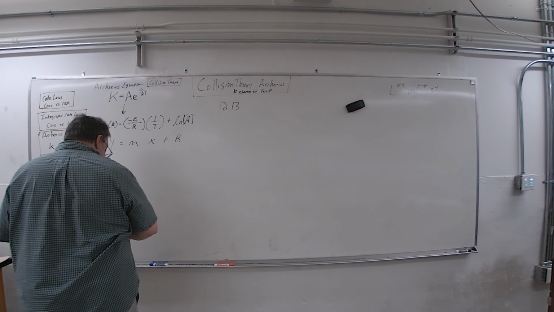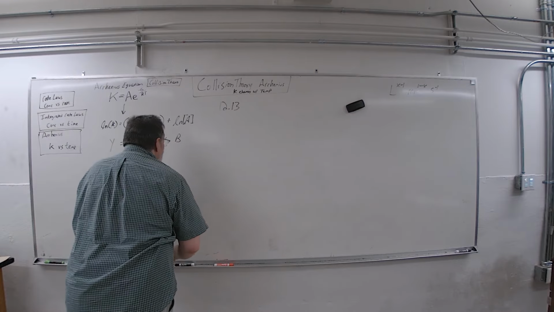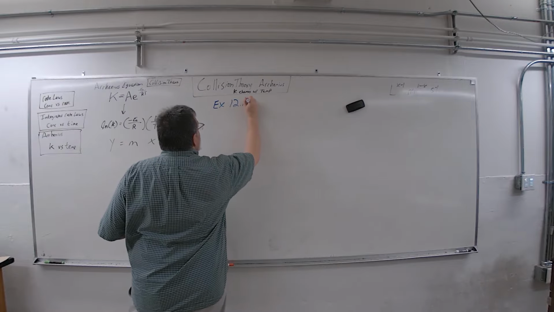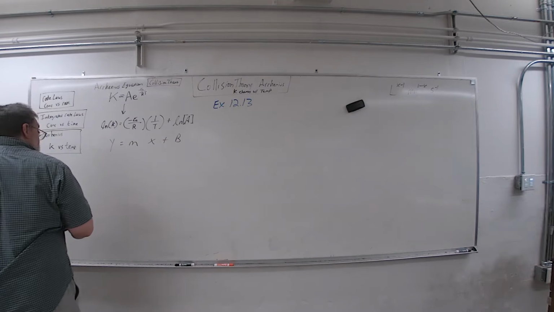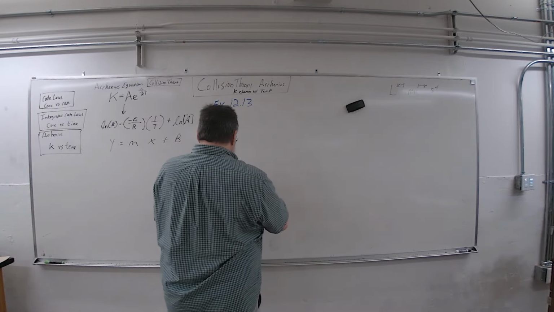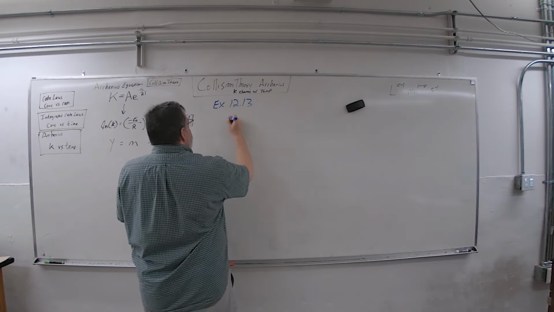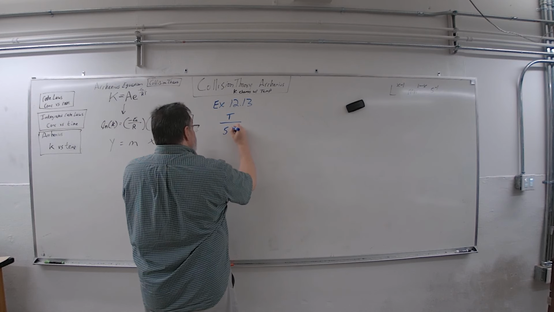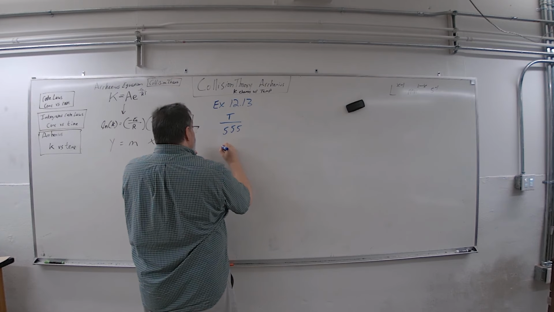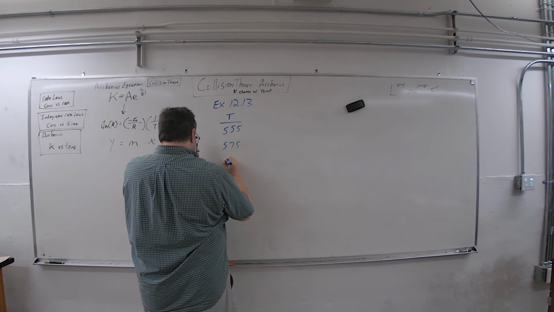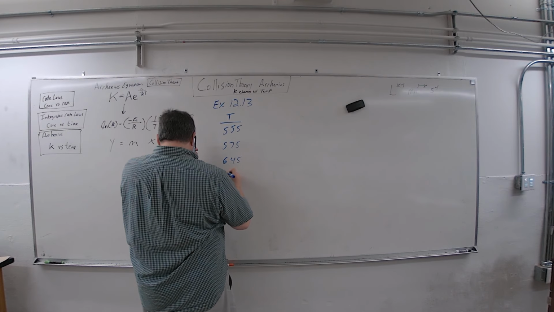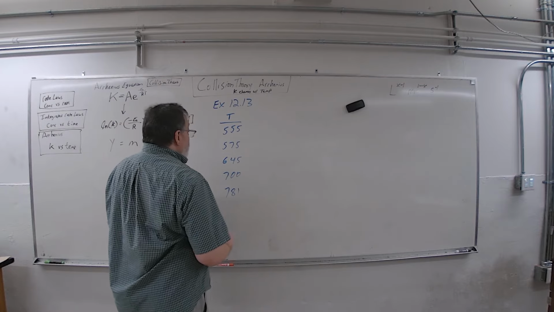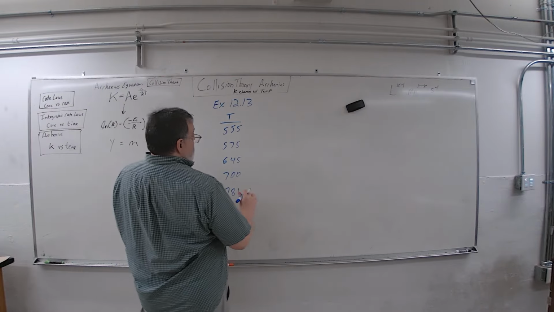Running out of good markers. So generally, if someone does a reaction, they'll say, I'm going to do this reaction at this temperature. Oh, the table has T and k. I didn't mention that. Here are all the trials. So they literally did this experiment this many times, 5 times.